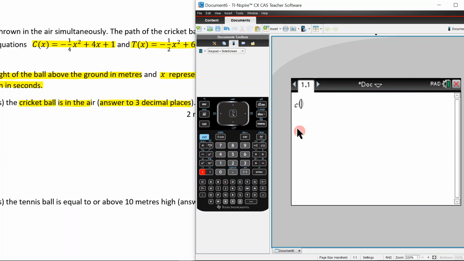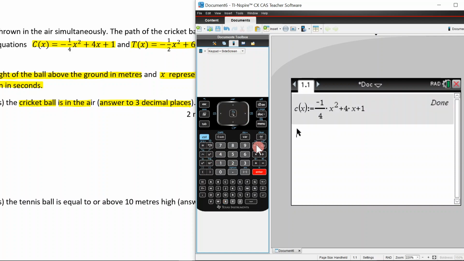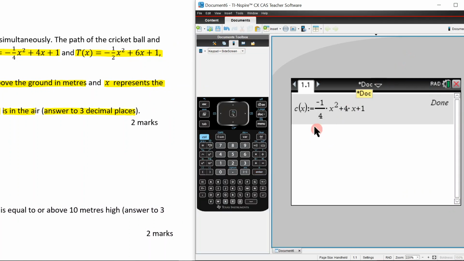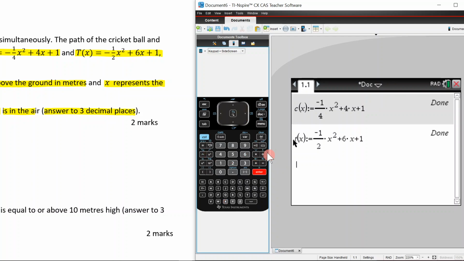We're going to go C of x, then control equals, negative 1 on 4, x squared plus 4x plus 1. And then we'll do the same for our tennis ball here: T of x, control equals, negative a half x squared plus 6x plus 1, like that.